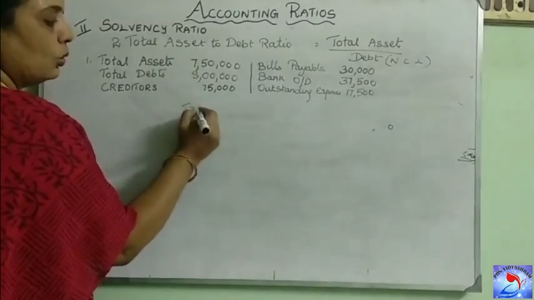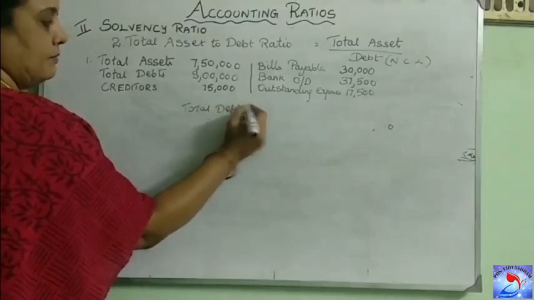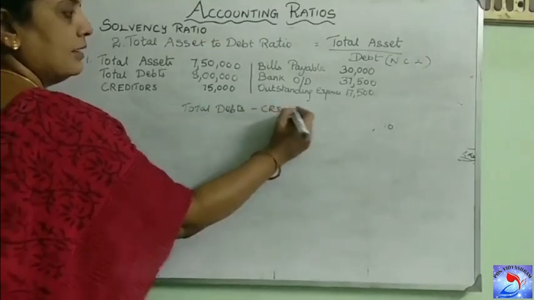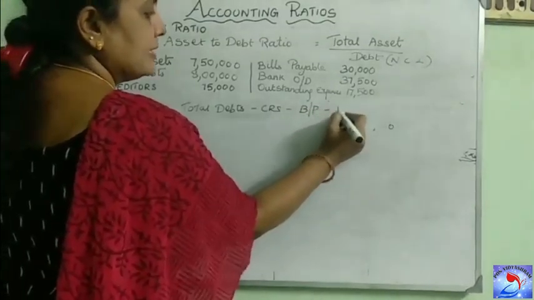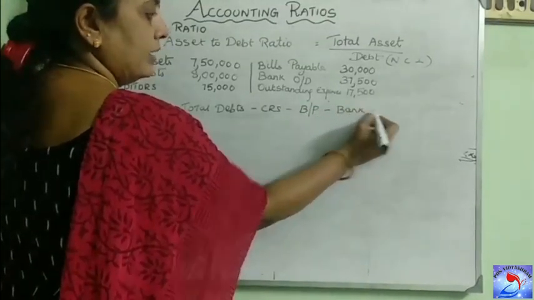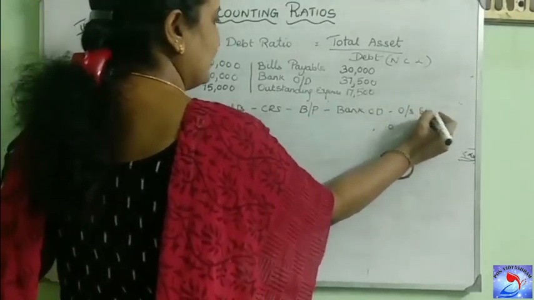So total debt minus creditors minus bills payable minus bank OD, that is bank overdraft, minus outstanding expenses.